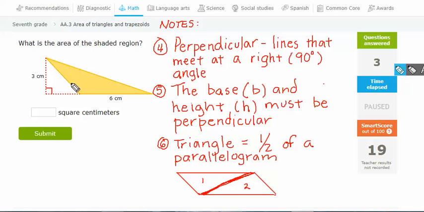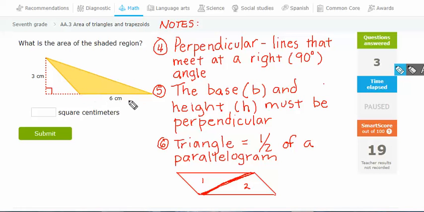Like, you can't measure it this way, because if we measured this slanted height line, it would be more than 3 centimeters. Say it's like 3.5 if you measured it the slanted way.